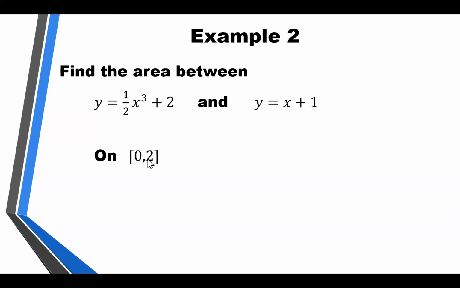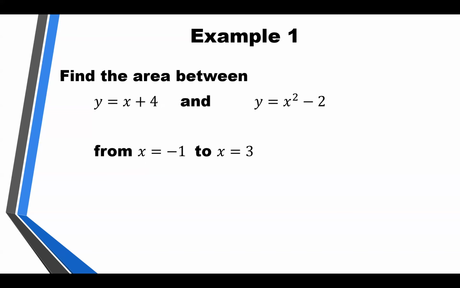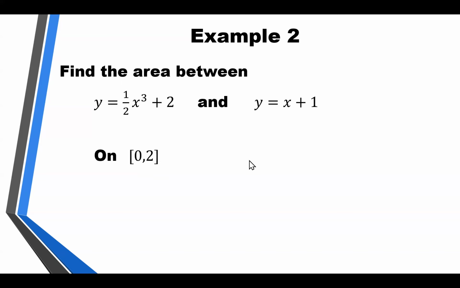So that means the same thing as the previous when I said x value from -1 to x value of 3. I could have also said on the closed interval from -1 to 3. This one is on the closed interval from 0 to 2, so that means from x value of 0 to x value of 2.